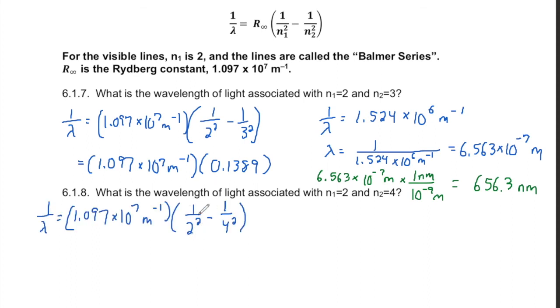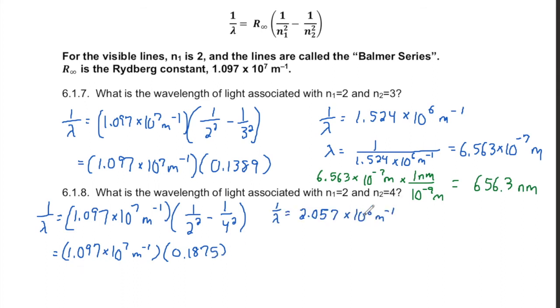So what about the difference between level 2 and level 4? That would fit into the equation this way. When you calculate that, it is 0.1875. Then when you multiply that by Rydberg's constant, you get 1 over lambda being 2.057 times 10 to the 6 inverse meters.